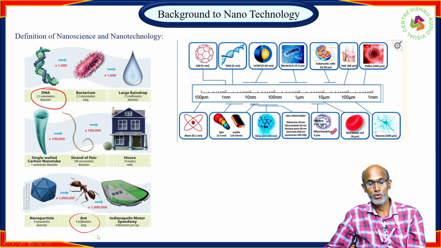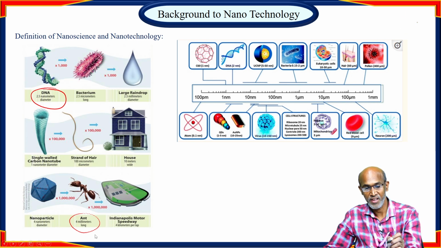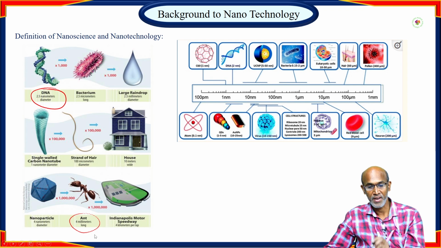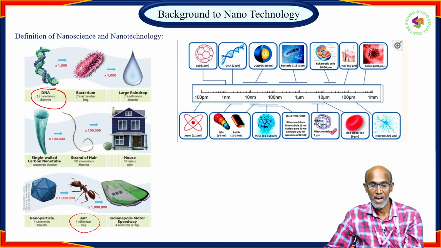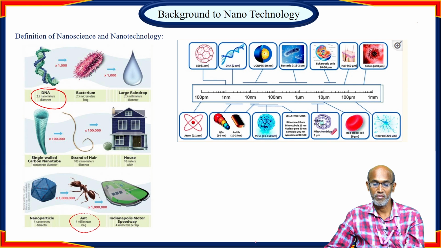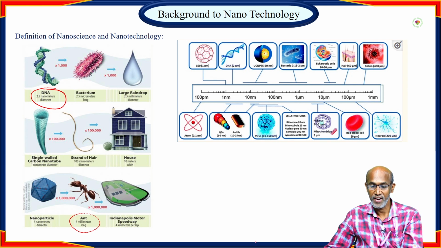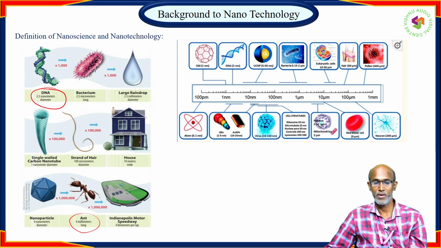Carbon nanotube buckyball is 1 nanometer in diameter, DNA 2 nanometers, bacteria 0.5 to 2 micrometers, hair 60 micrometers, atom 0.1 nanometer, quantum dots 1 to 5 nanometers, viruses 10 to 150 nanometers, red blood cells 9 micrometers and neuron 200 micrometers.